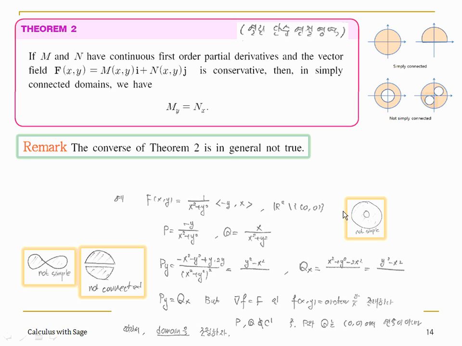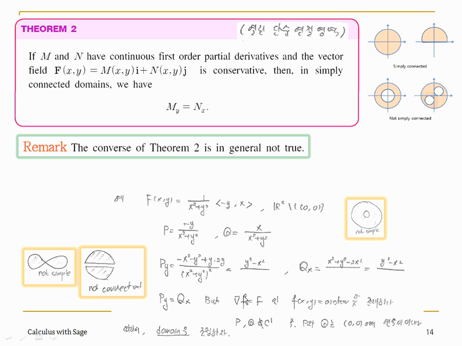In this case, the partial derivative of M with respect to y is y squared minus x squared over this, and the partial derivative of N with respect to x is this. They are the same.